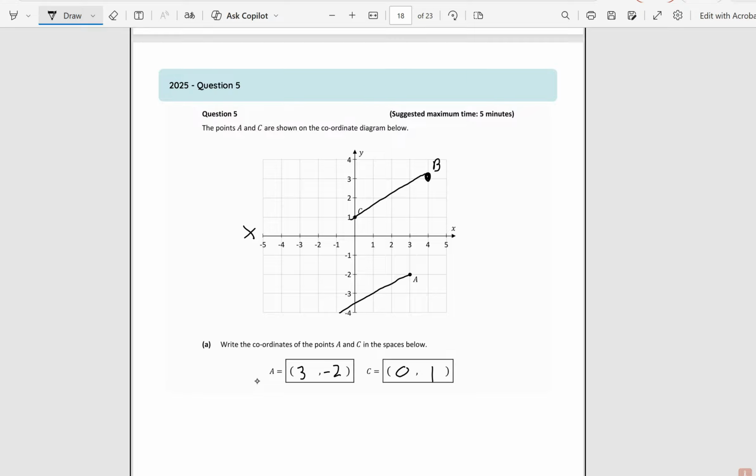To get from B to C, I go down 1, 2, and then I go across 1, 2, 3, 4. So let's do the same here. There we go. Does that work? Yeah, because if we join this and join this, we have a parallelogram, and that's point D.